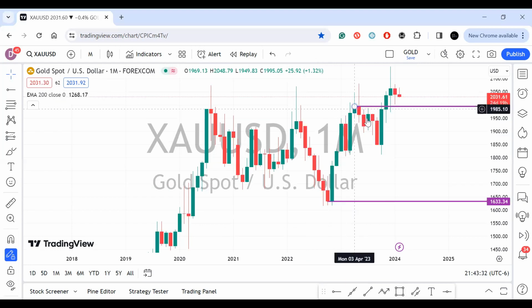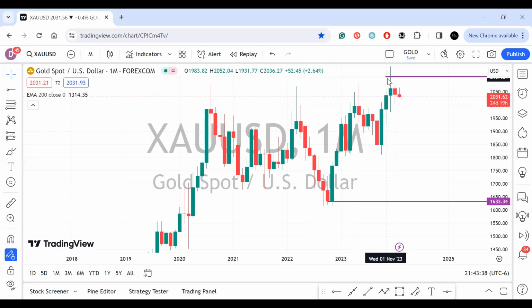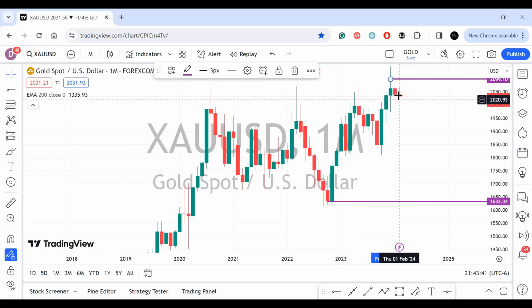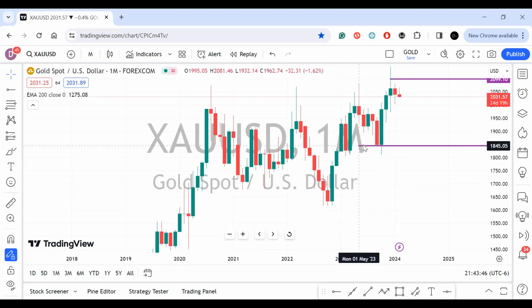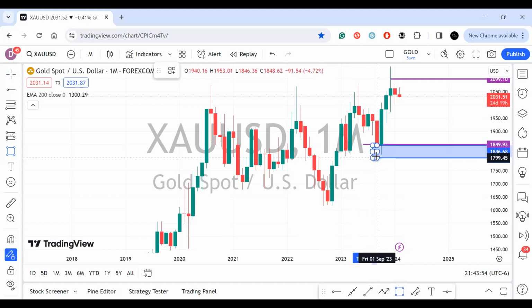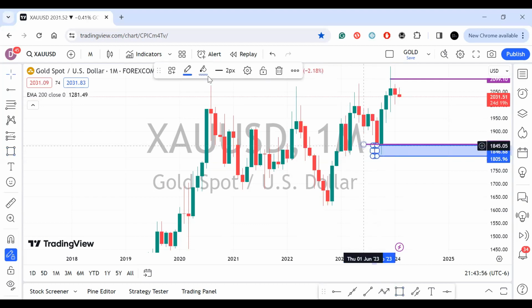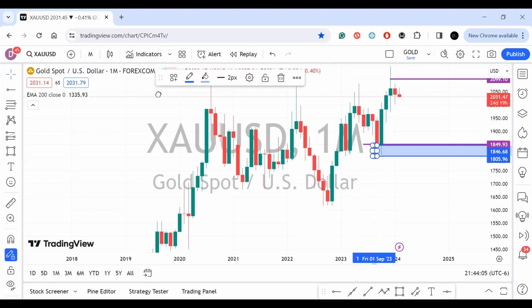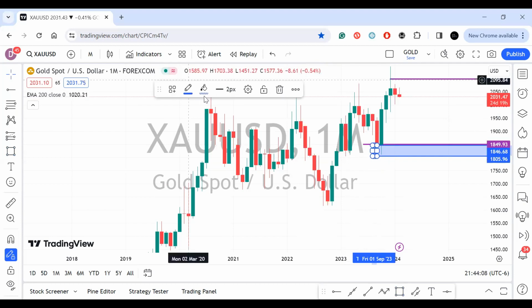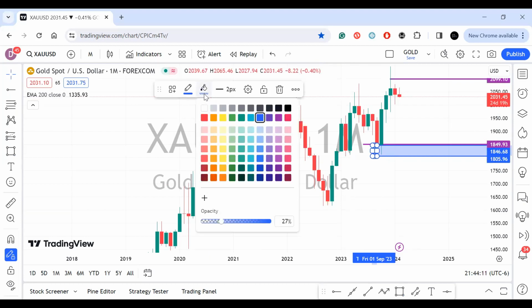So from here again, we had a pullback, then price also broke to the upside. So price is trying to form a new monthly structure there. So this is now our new current monthly low. For my monthly, I like to use color coding, just to indicate the difference for the monthly and the weekly, and then the daily and the H4 time frame.